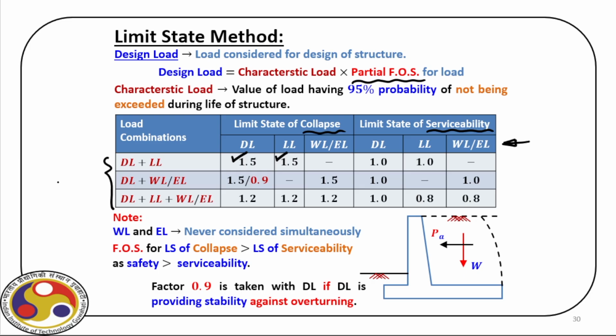For example, earthquake load and wind load are most unlikely to act over a structure simultaneously, and that's the reason the code says that you consider either earthquake load or wind load. It is saying that either you consider wind load or you consider earthquake load.